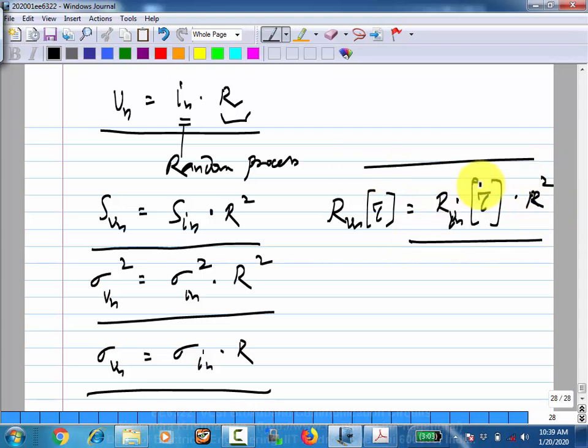So when you scale something, the variance gets multiplied by the square of the scaling factor: variance, spectral density, autocorrelation, everything. These are all very simple, but I am just going through it as a review. Any questions here?